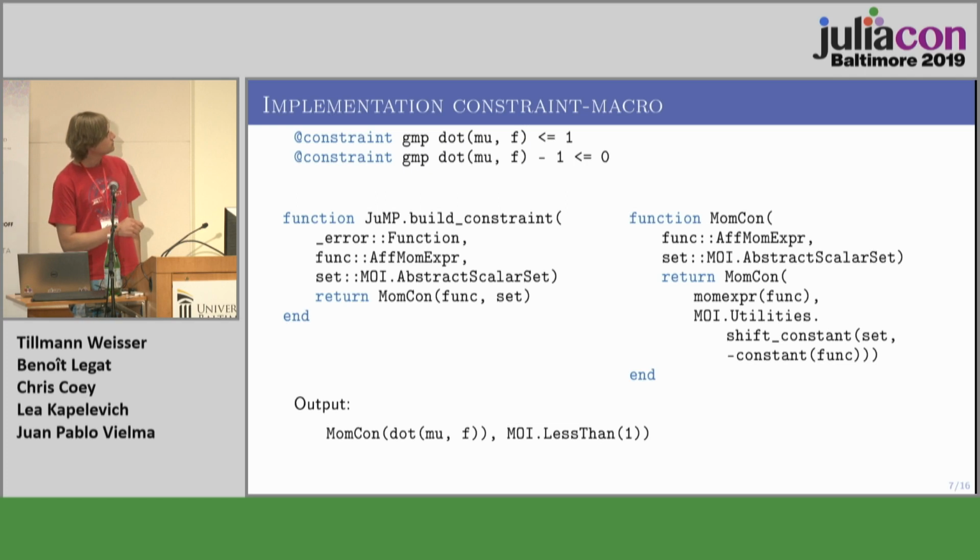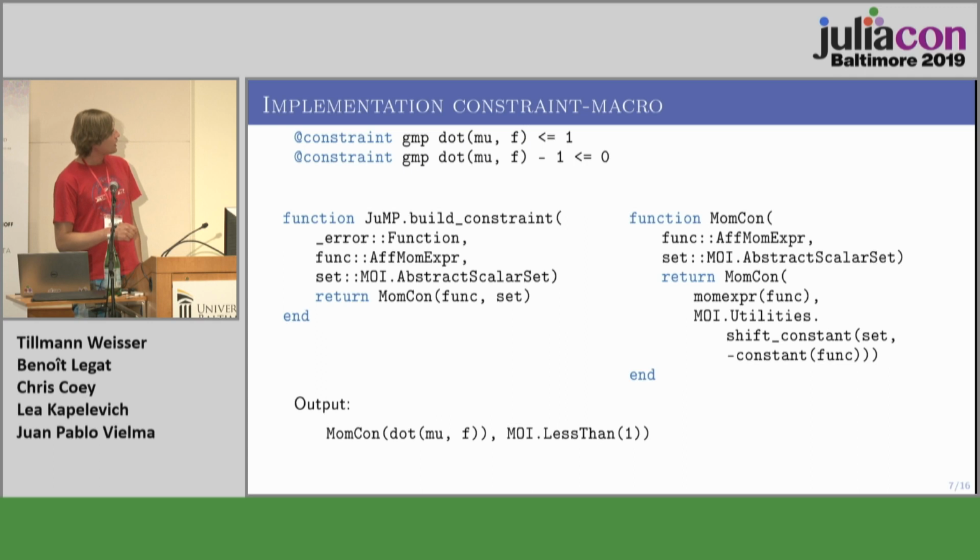What I defined is this JuMP build moment constraint. The macro calls this function here. This build constraint takes an error message, then the function, which is this affine moment expression, and a set, which is in this case less or equal than 0. I just tell it to return a moment constraint with this affine expression and the set.